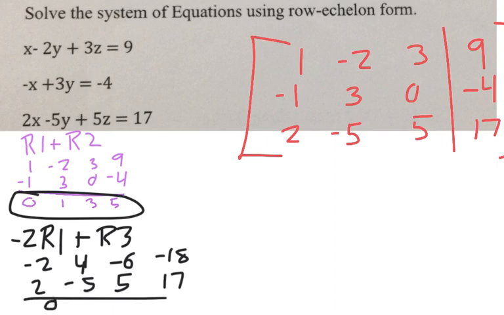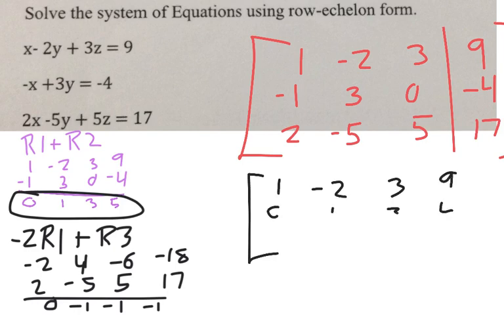It's going to be 0, -1, -1, -1. So now if I write my matrices back out, row 1 didn't change. Row 2 is now 0, 1, 3, 5. And this is 0, -1, -1, -1.